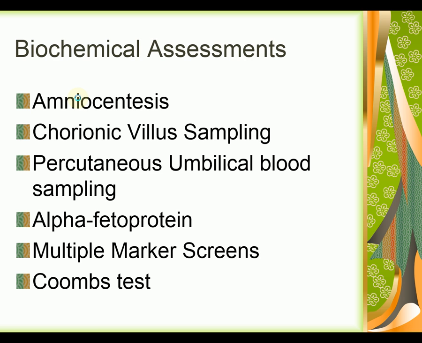Okay, so we have biochemical assessments. These are where we're going to do assessments that involve an invasive procedure. The amniocentesis, we have to have the ultrasound used with the amniocentesis. So we want to be sure that we're doing that after the 14th week, because that's when your uterus becomes your abdominal organ.